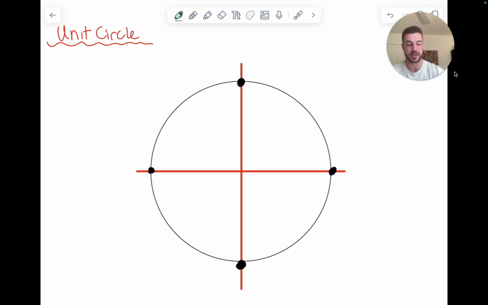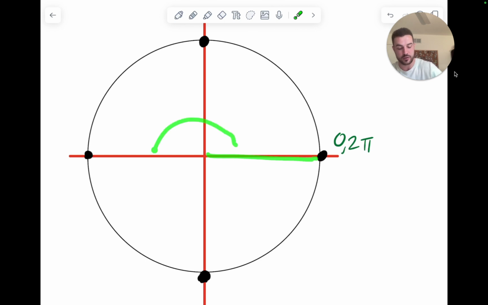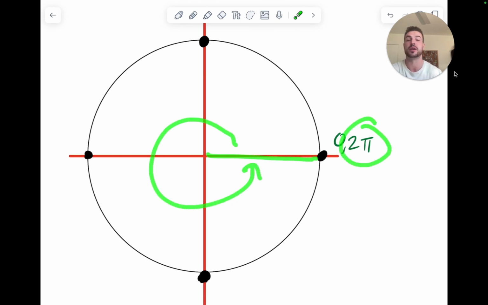We are just looking at our origin and then one unit to the left, one unit to the right, up, down, and so on and so forth. All right, so our unit circle is 360 degrees or 2 pi radians. An angle that opens and then closes in the same spot and goes all the way around is going to be 2 pi radians.